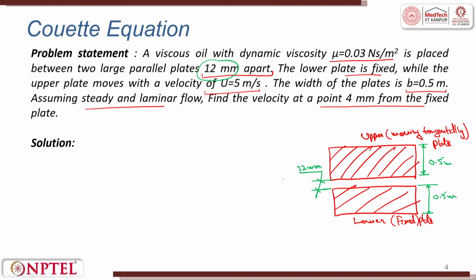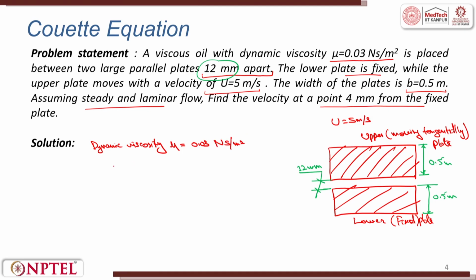The upper plate is moving at a velocity of 5 meters per second. So I'll put all the given variables here. We have dynamic viscosity mu, which is 0.03 Newton seconds per meter square.